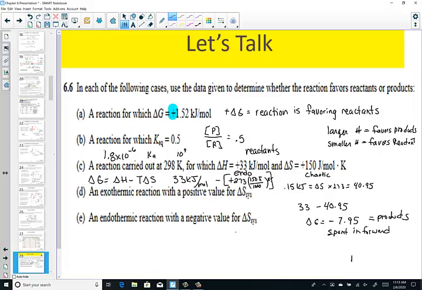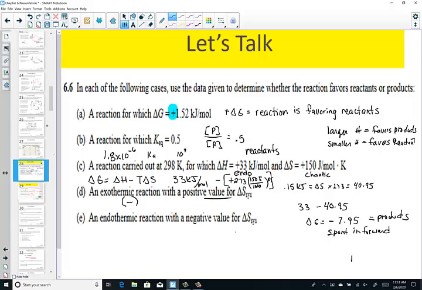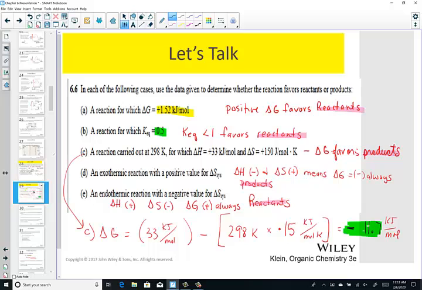If an exothermic reaction has a positive value for the delta S of the system, now, as you think about that, the system we had to define, so delta H of the products, delta S means that delta G is always negative.